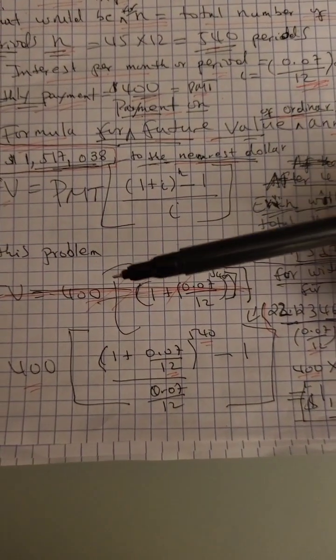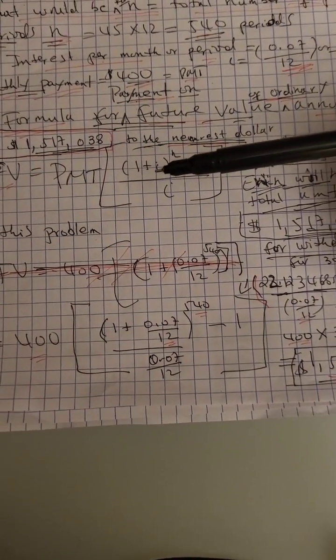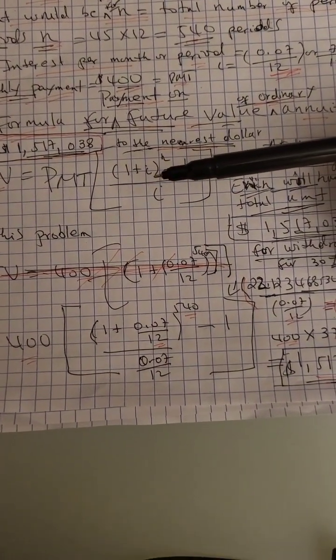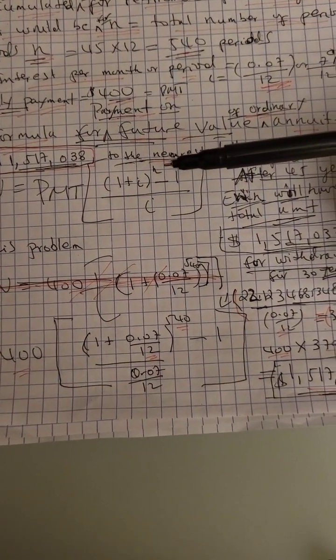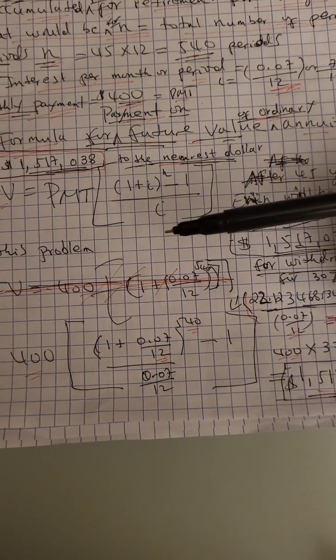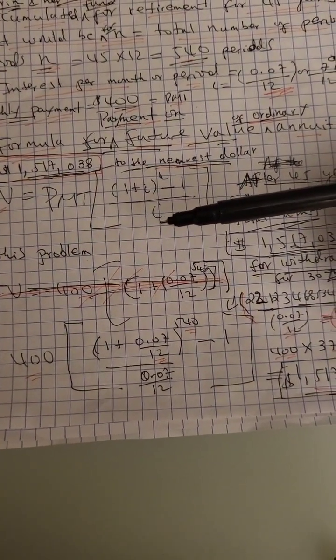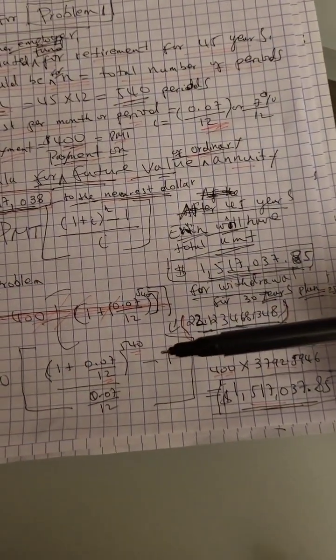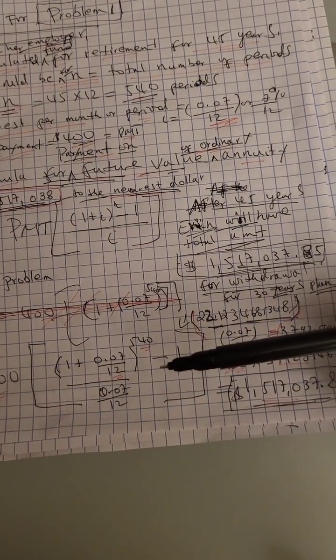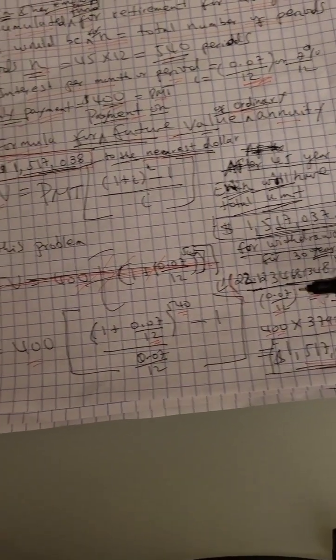By substituting the numbers, 1 plus the interest rate per month to the power of the total periods, 540, minus 1, over each month's rate, 0.07 divided by 12. This amount will give us about 22.1, something like that.